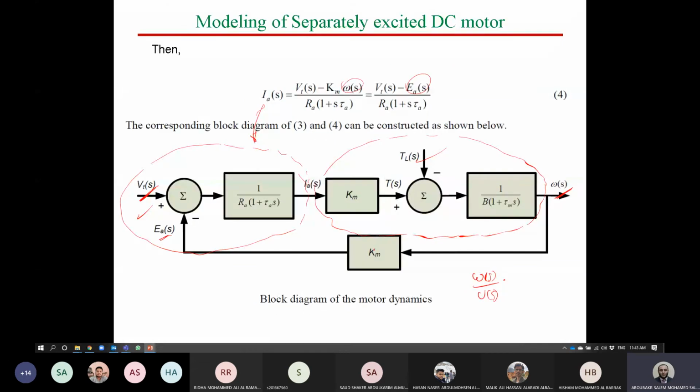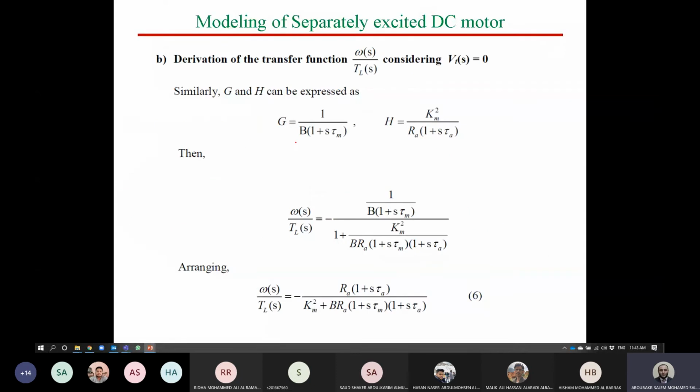And this block is considered as G. This is a forward and this is a backward. For that, if you substitute in this case, we can consider G as 1 over B multiplied by 1 plus S tau mechanical, and H as Km square over R A multiplied by 1 plus S tau electrical. So substitute in the equation again, G over 1 plus GH, and you can get the transfer function of omega over TL.